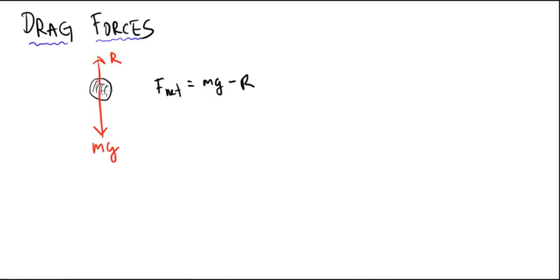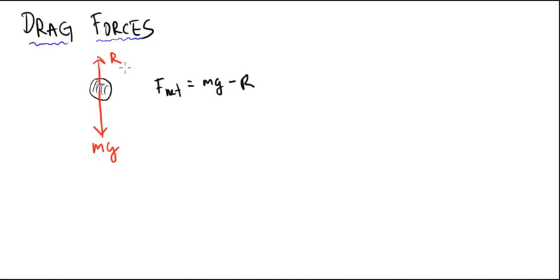which is to say that as the resistive force gets larger and larger, the net force gets smaller and smaller. And of course, you can see that if I were to drop this rock, you could imagine that as it goes faster and faster through the air, this resistive force is going to get bigger and bigger, and that turns out to be true.